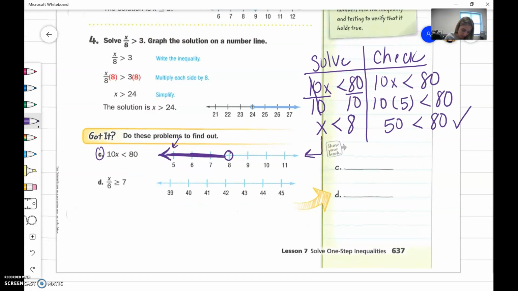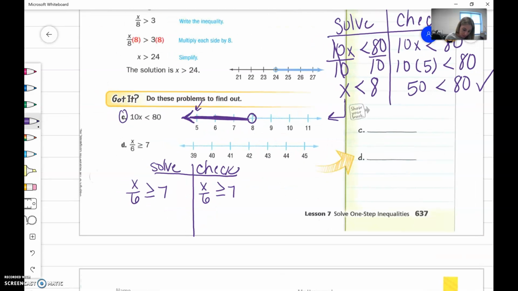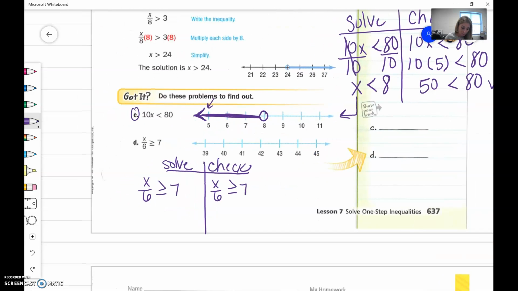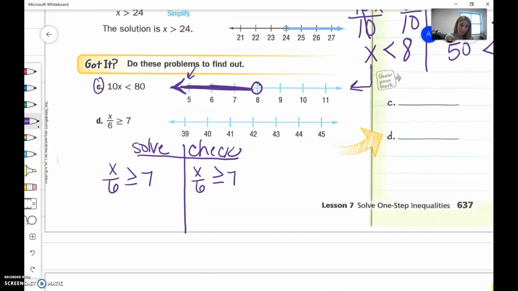Now this is where the check gets not necessarily tricky, but you want to think of solve and check. You're going to want to think of a multiple. So we have x divided by 6 is greater than or equal to 7. Since I'm dividing both sides by 6, the inverse operation would be multiplying by 6.